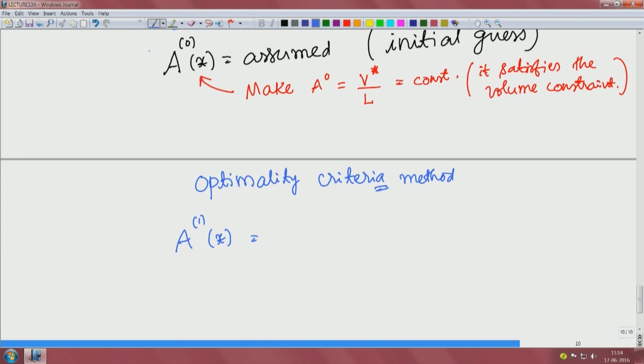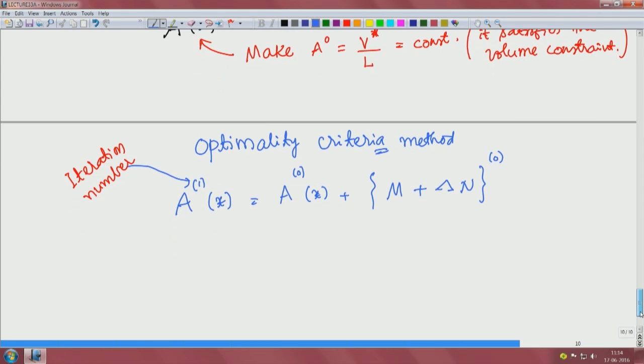The superscript refers to the iteration number. So we add to the function we had, m plus lambda times n, all calculated at the 0th iteration.